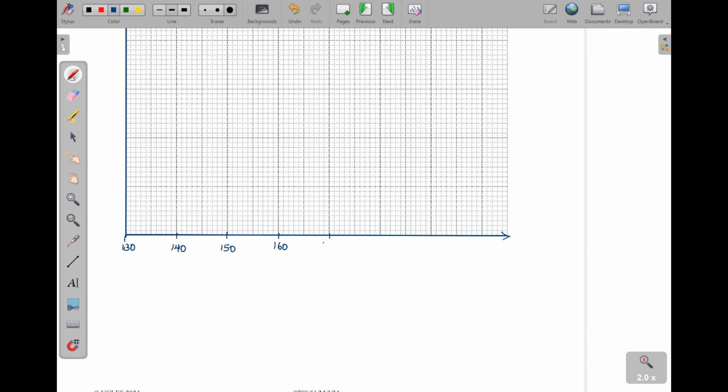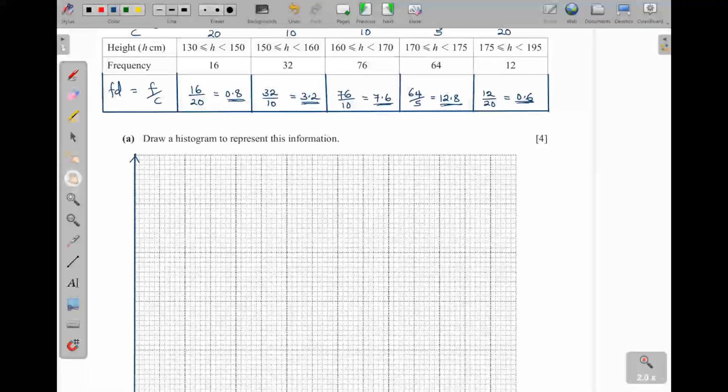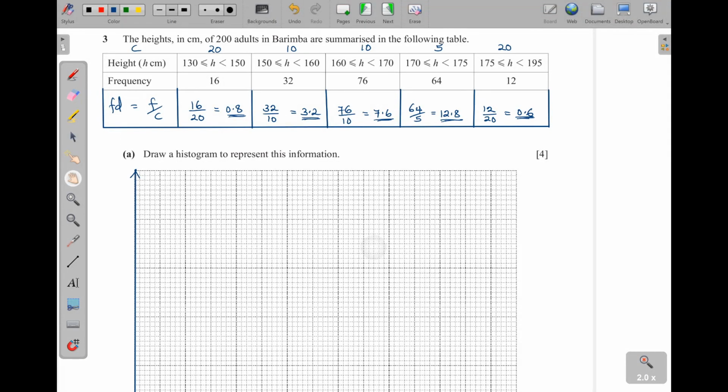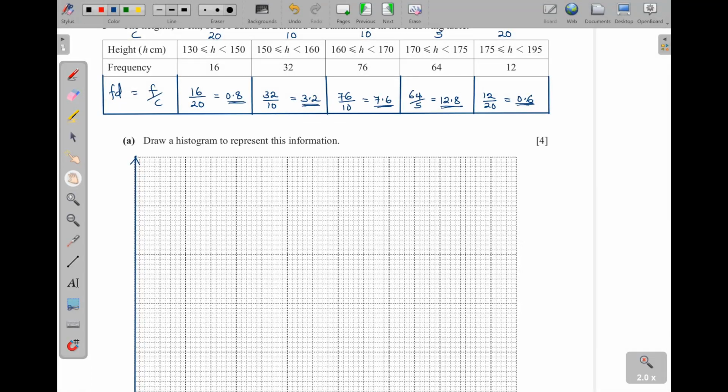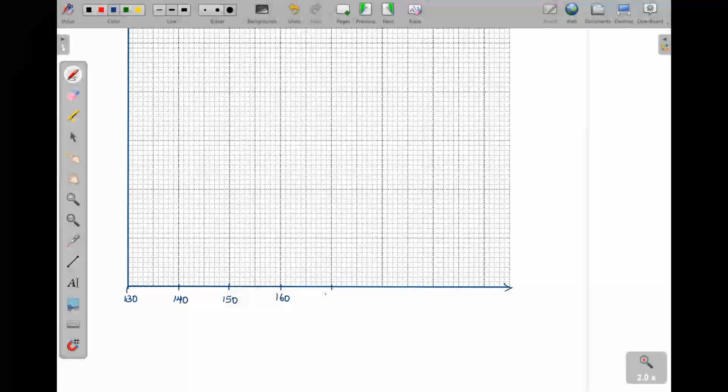You don't use the classes which are given, like putting 130 and then after 2 small boxes putting 150, because the classes you are given here don't have the same class widths. So make sure that the scale you use down here is uniform. So I will have 160, then 170, 180, 190, and then of course this one will be 200.